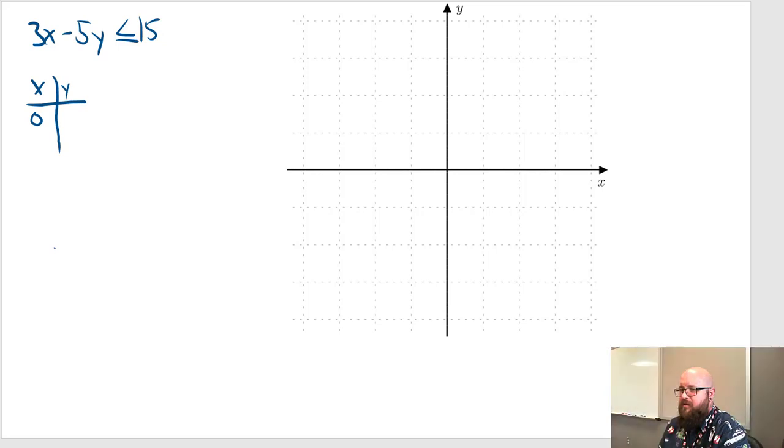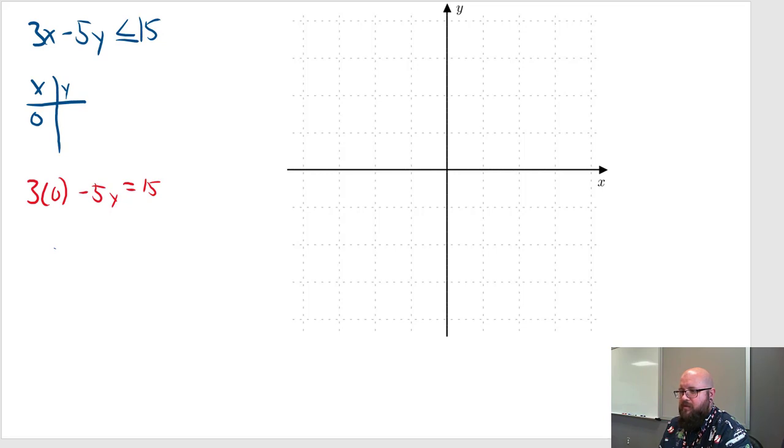So we'll say we have 3 times 0, because our place for x is 0, minus 5y. In this case, we're not going to worry about the inequality symbol. We're going to say equals 15, because we're solving for a value of y. So it's equals 15 to start out with. So we want to find what that y value is.